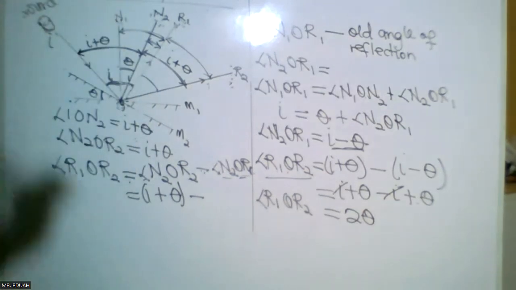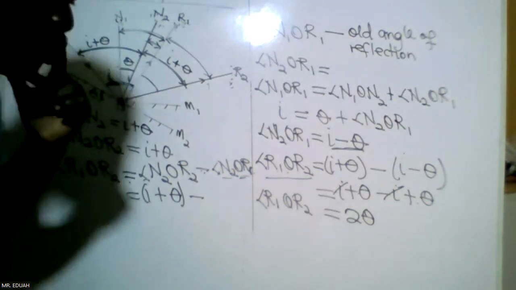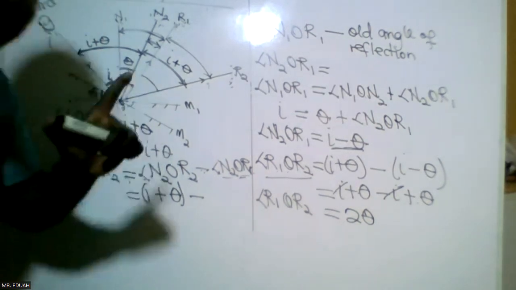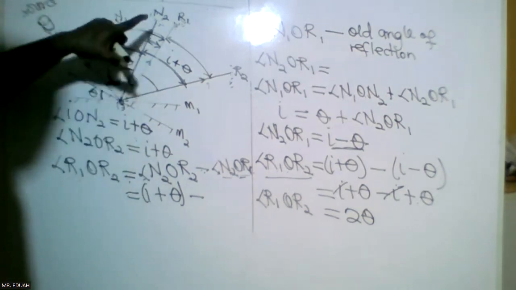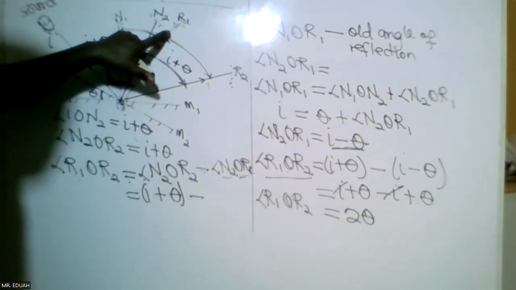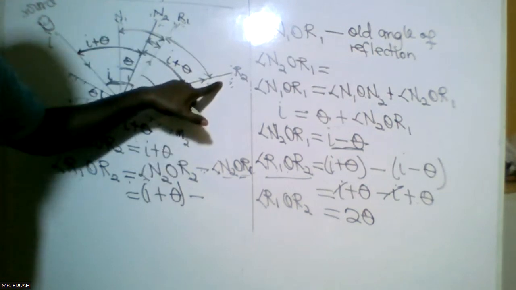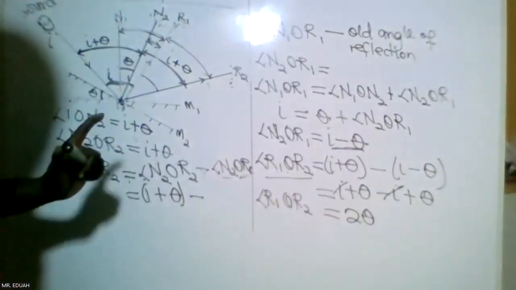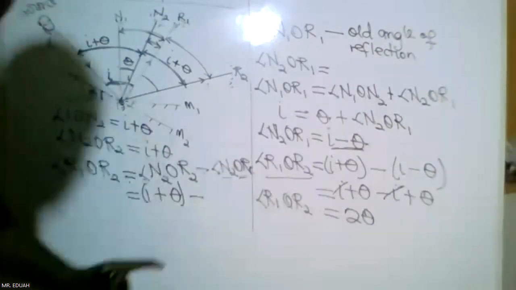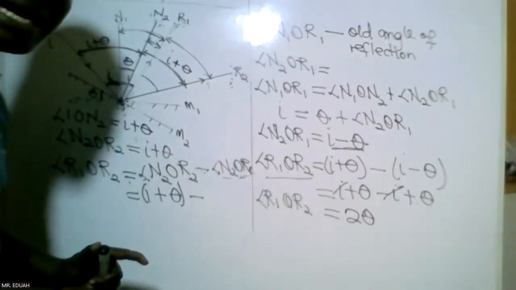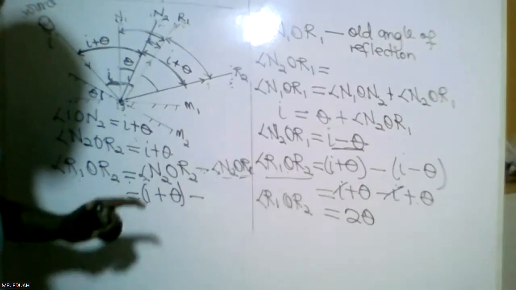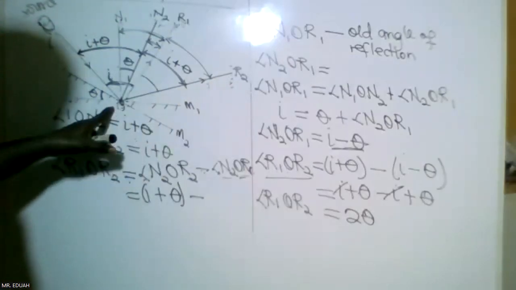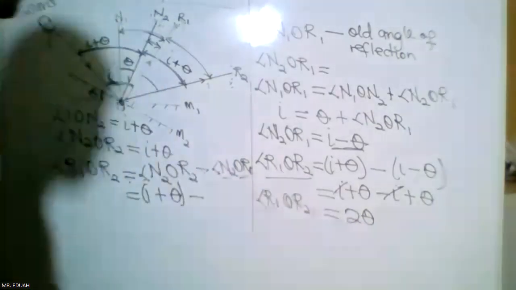The theory we are developing is that when you rotate a mirror through an angle theta, the angle between the first reflected ray and the second reflected ray is equal to 2 times the angle of rotation.